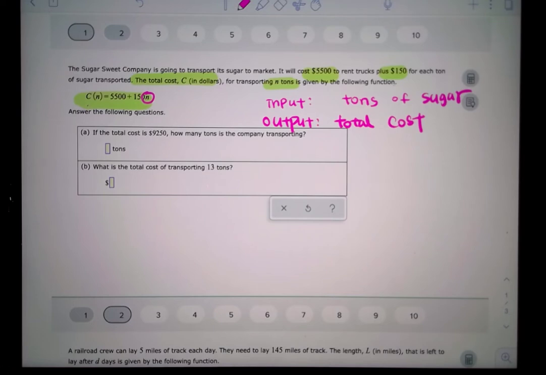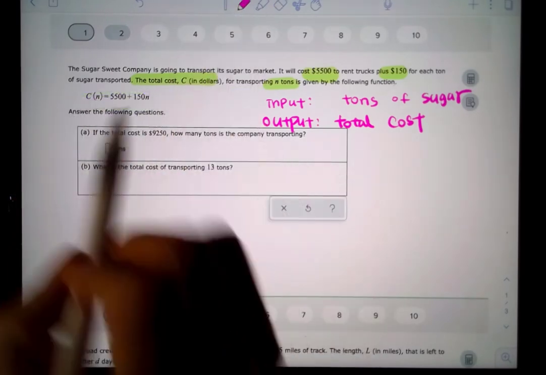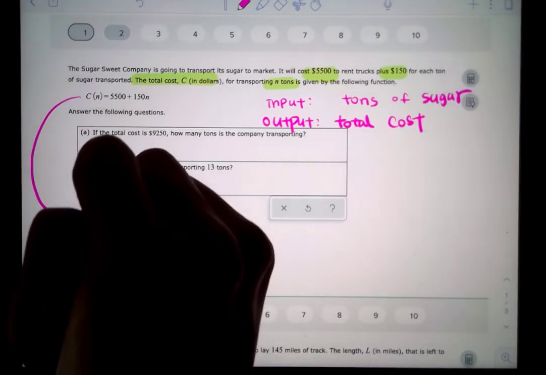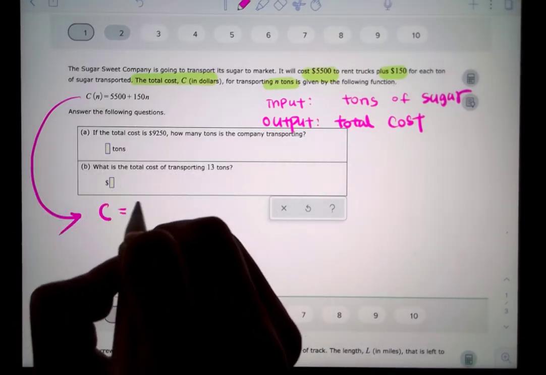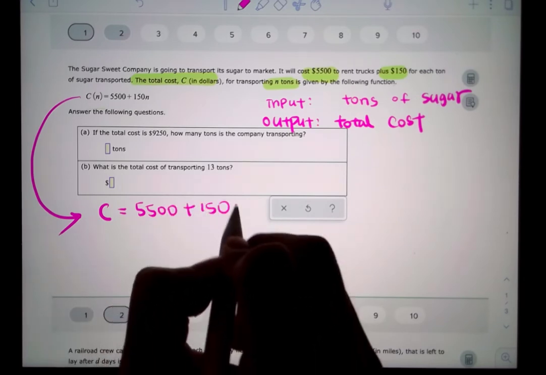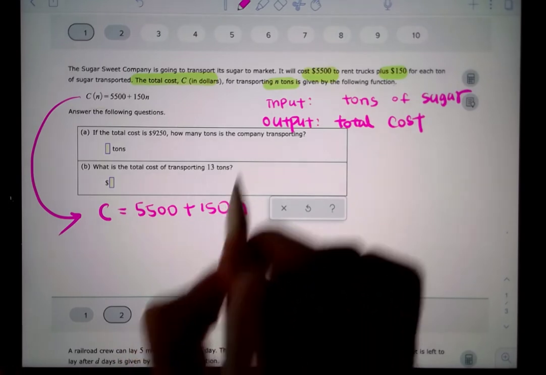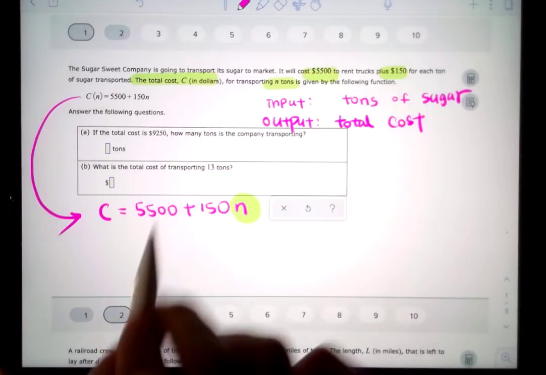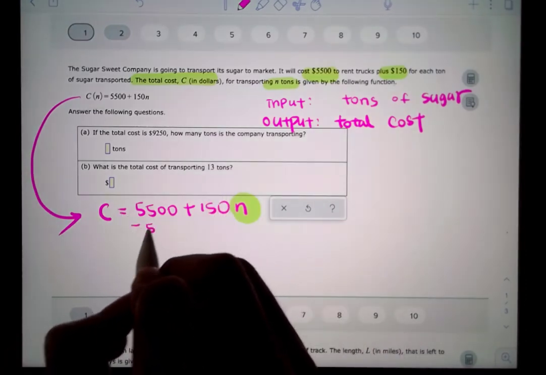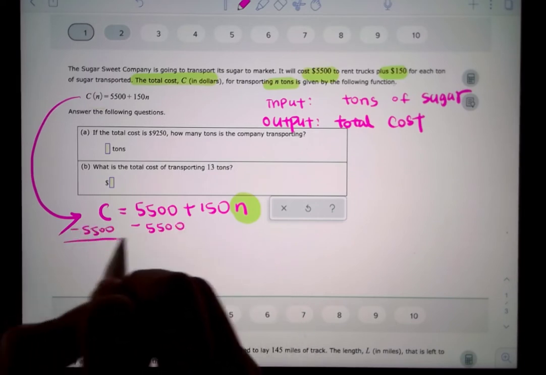And you know what? Let's get the inverse function from here. So from this one, I want to find my inverse function. Let's start like this. C equals 5,500 plus 150N. And then I want to solve it for N. So let's get rid of this 5,500: minus 5500, minus 5500.